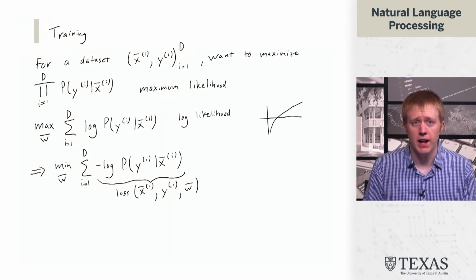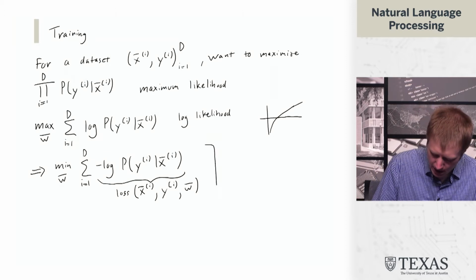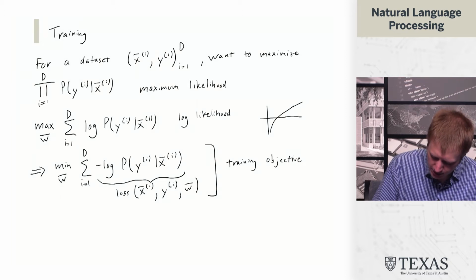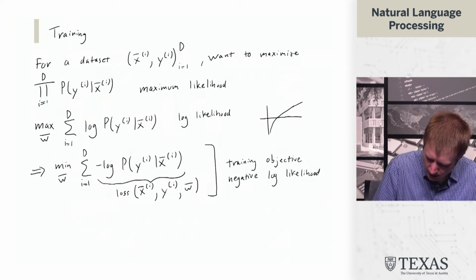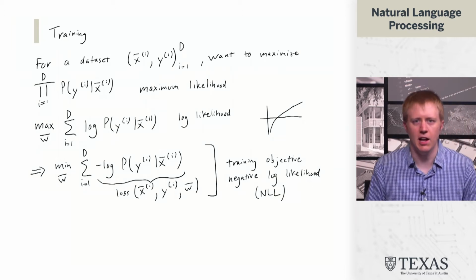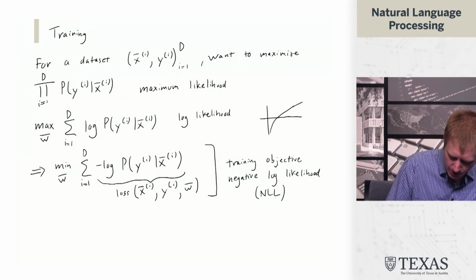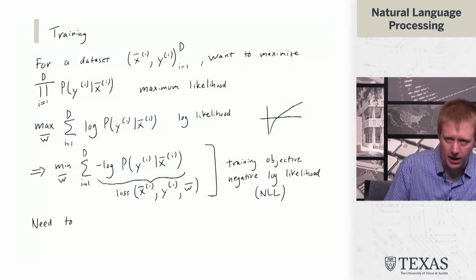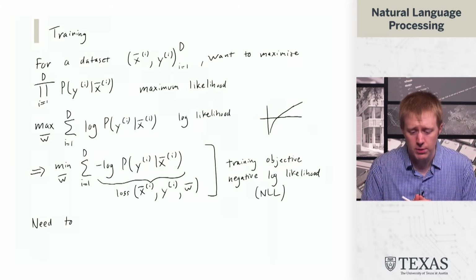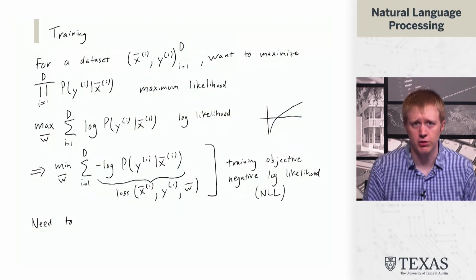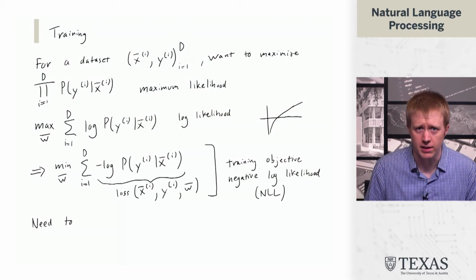So we now have our training objective, which is negative log likelihood, abbreviated to NLL, particularly in a lot of the deep learning frameworks. Now, in order to optimize it, we can call back to the framework we introduced earlier, stochastic gradient descent.